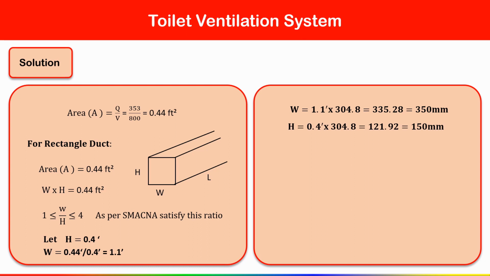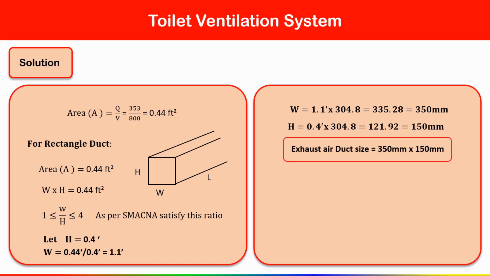Now just divide high size by low size, 350 divided by 150, you will get a value of 2 point something. It means your aspect ratio is coming between this range of 1 to 4, so your size is correct. So exhaust air duct size we have calculated: 350 mm width and 150 mm height.